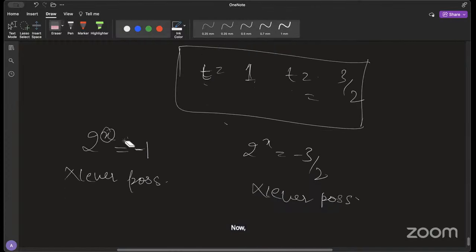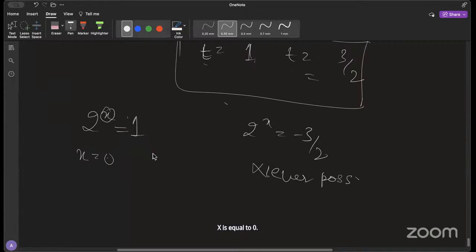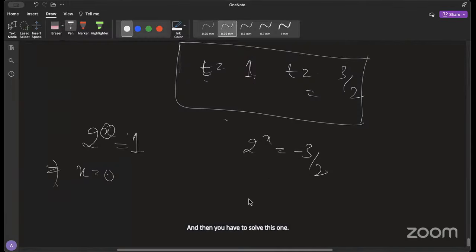Now then you have to equate 2 to the power x is equals to 1. This will give you x is equals to 0. And then you have to solve this one. 2 to the power x is equals to 3 by 2.